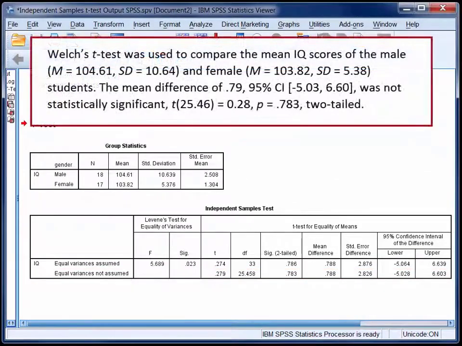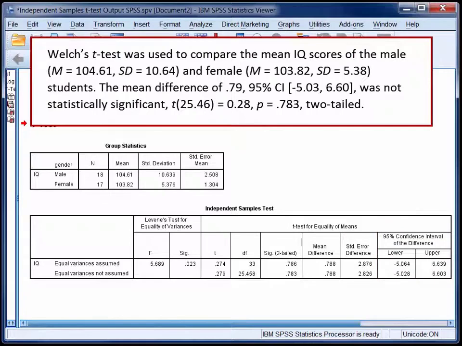To report this finding, we might say something like, Welch's t-test was used to compare the mean IQ scores of the male and female students. The mean difference of 0.79 was not statistically significant. The 95% confidence interval simply tells us that the true population mean difference is probably somewhere between negative 5.03 and 6.6.